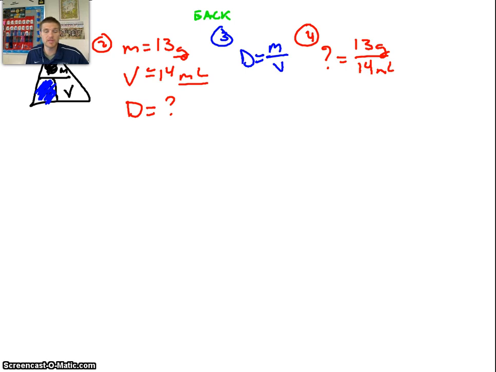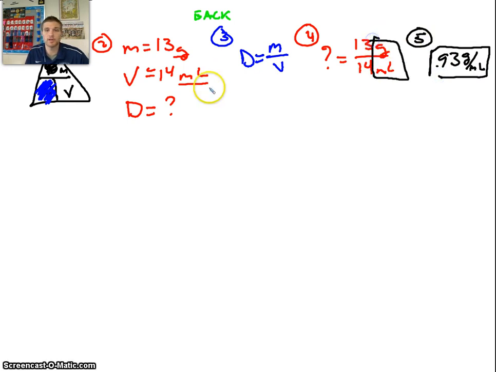Finally, I plug this into my calculator to make sure I don't make any mistakes. 13 divided by 14 equals 0.93 grams per milliliter. I knew the label was grams per milliliter because I have a gram over a milliliter. So the density label tells you the equation you're looking for.